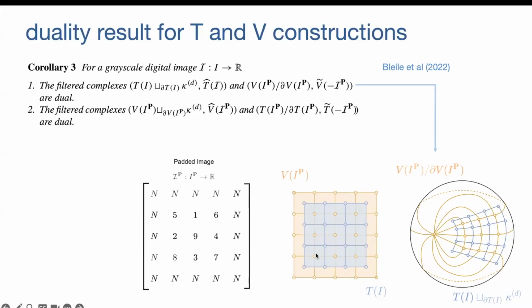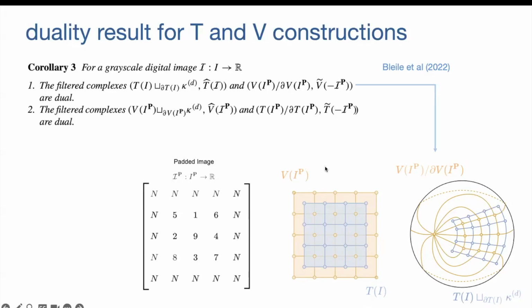So I'm taking my blue region here, and I'm just imagining everything outside the blue region to be one big cell. Yep. And then the t hat refers to the function values that I assign, right? So that big cell that I've attached, I'm giving that cell a function value of infinity.